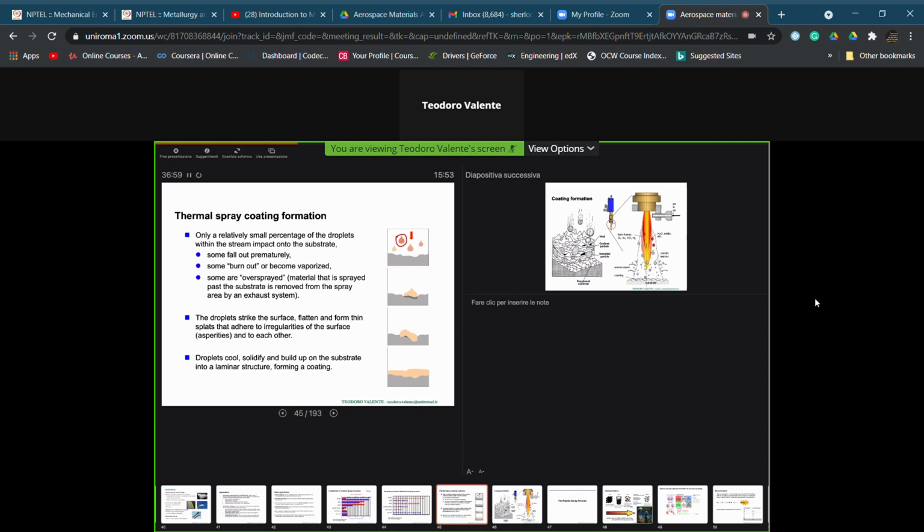And thick coatings means coatings having a minimal thickness of something around 100 micrometers, and a maximum thickness, apart from special cases, of around 700-800 micrometers. So this is the window in which the thermal spray processes can allow fabrication of coatings.